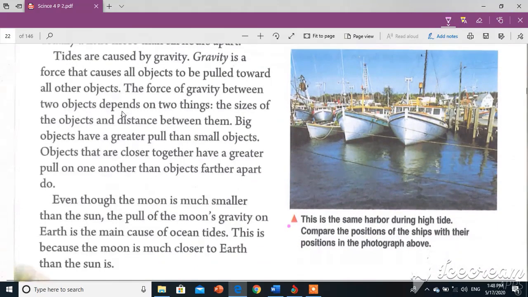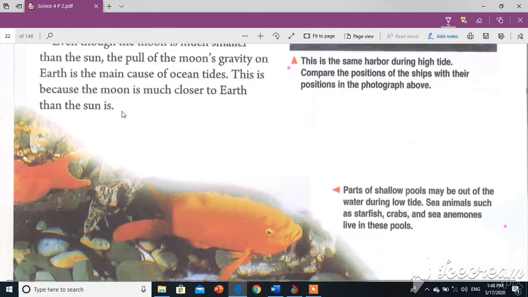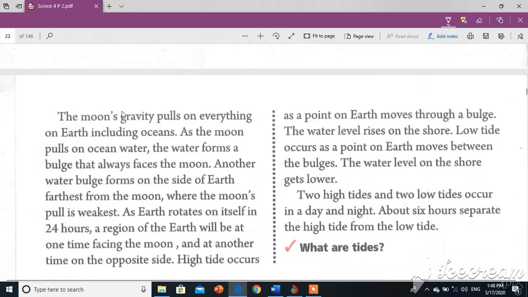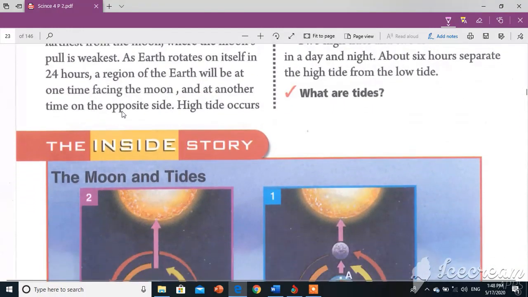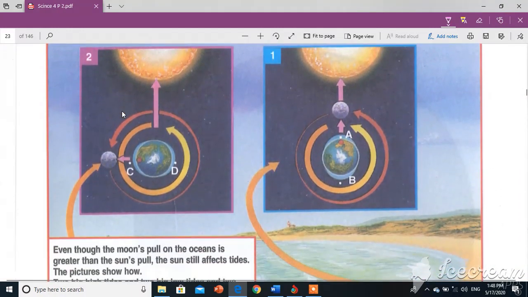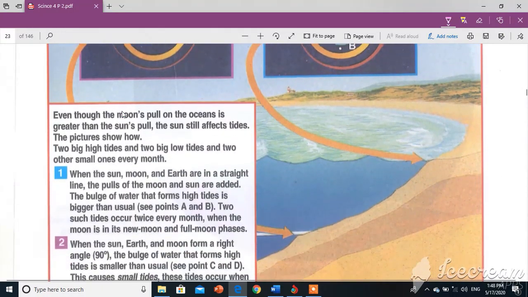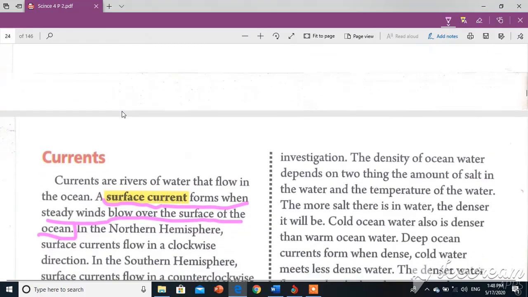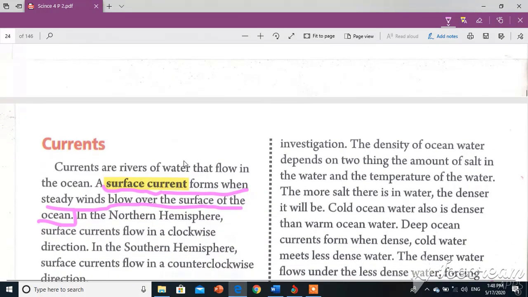Also, you have to memorize currents. Currents are two types: surface current and deep ocean currents. Surface currents form when steady winds blow over the surface of the ocean.